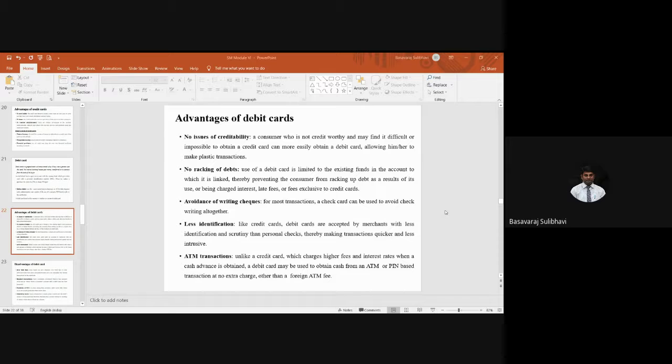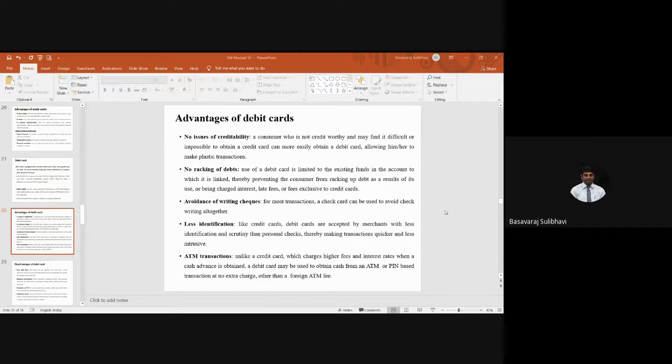So there are some advantages of debit cards, like no issues of creditworthiness. A customer who is not creditworthy may find it difficult or impossible to obtain a credit card, but they can easily obtain a debit card, because when you open the bank account, if you have a minimum balance and the account is active, you will receive a debit card for that.